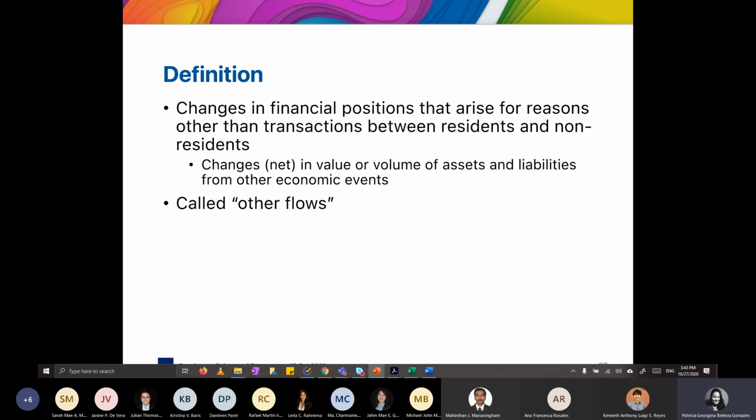However, this one particularly refers to changes in financial positions that arise for reasons other than transactions between residents and non-residents. So it's kind of like the net changes. When we say net, it's again the difference between the acquisitions and disposals in value or volume of assets and liabilities from other economic events. It's also called other flows.